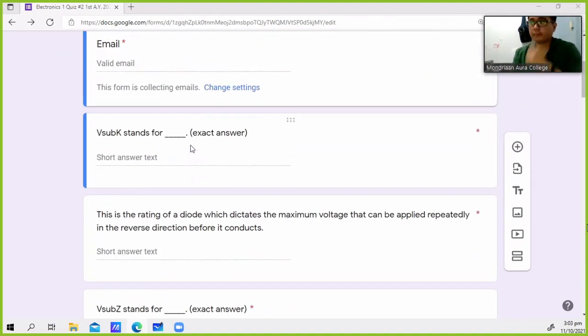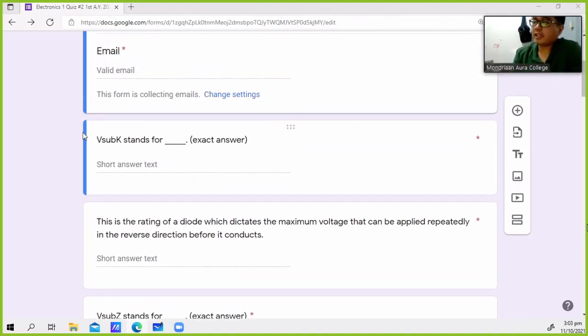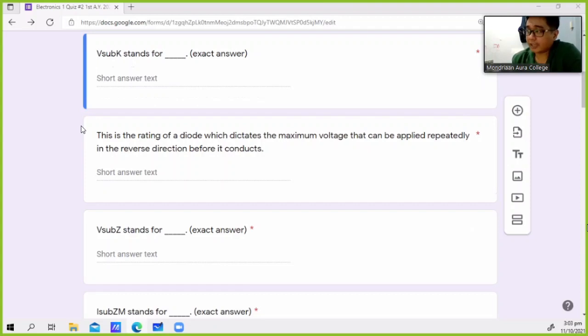Okay. So number 1, V sub K stands for, so the exact answer, knee voltage. So yung knee, yung tuhod, no? K-N-E-E. And the next, rating of the diode which dictates the maximum voltage that can be applied repeatedly in the reverse direction before it conducts.